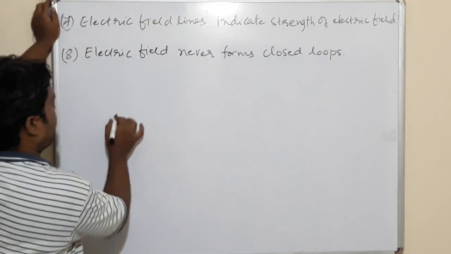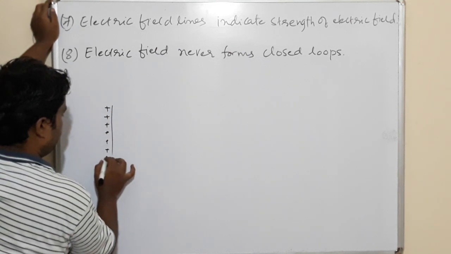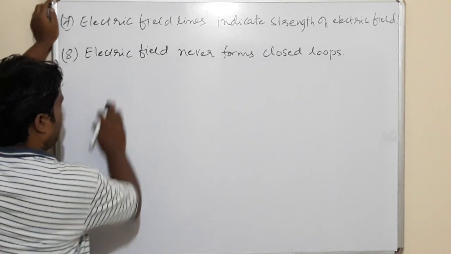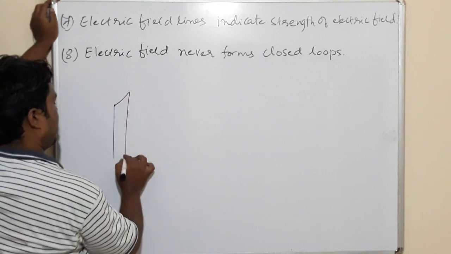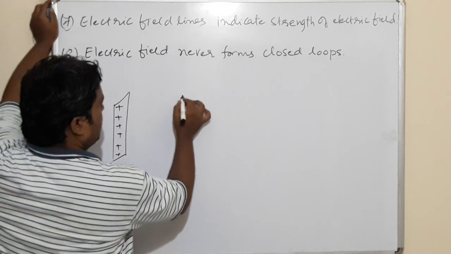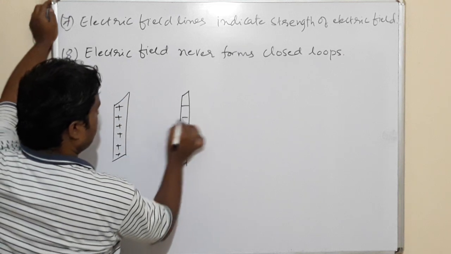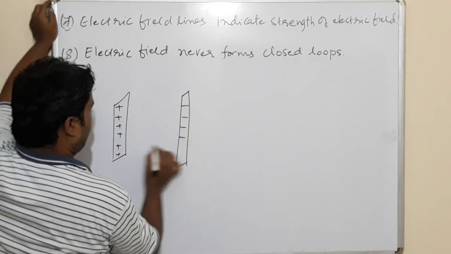Suppose in a particular region, there is a positively charged plate, I will imagine, and a negatively charged plate, like this.